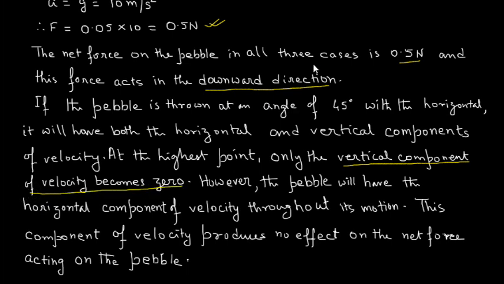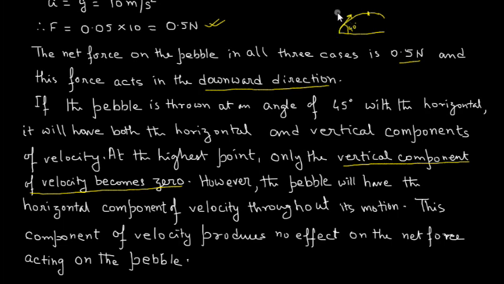So let us understand here. This is the horizontal. Now this is thrown at a 45-degree angle. So the object will move in this way. At the highest point here, what will happen? First let us draw the components.